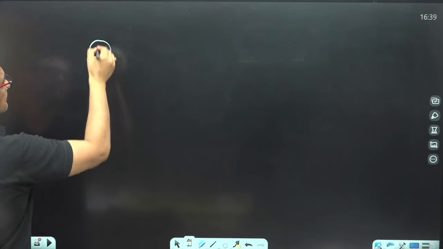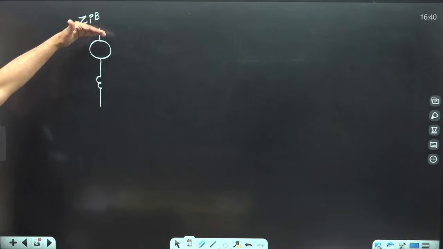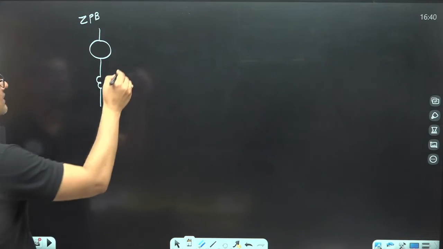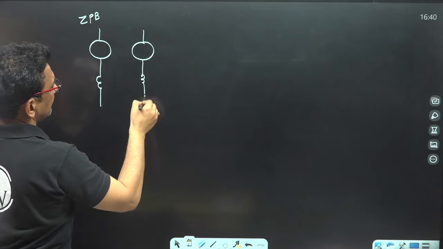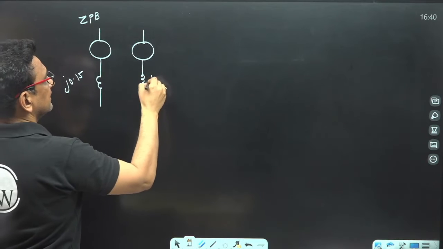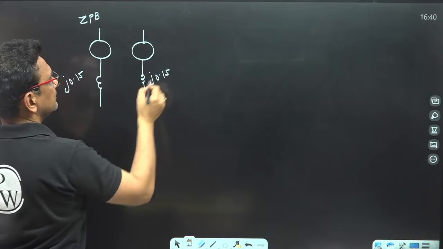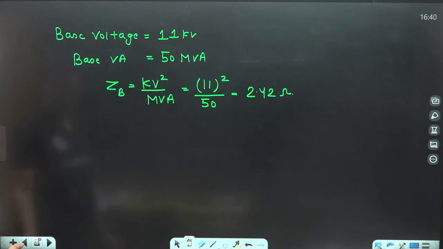this is the positive sequence network of alternator number 1. It's a zero potential bus per phase. Similarly for the second alternator also, every alternator has the reactance of 0.15. Now they are connected by a bus.